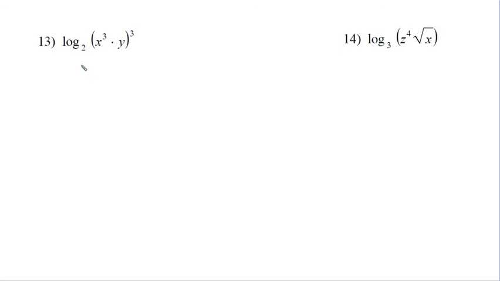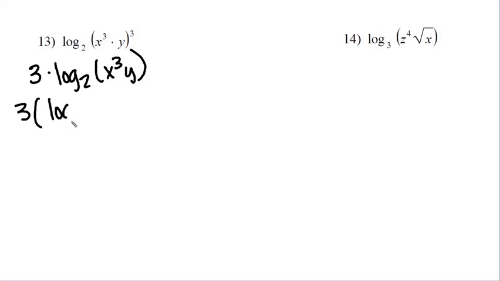Okay, so again, we have several things happening here. We have more than one power rule. We have product rule. So again, that 3 is to everything in the argument, so I'm going to bring it out front. So 3 times log base 2 of x cubed y. So I still have product, so I'm definitely not done. So 3 times log base 2 of x cubed plus log base 2 of y.